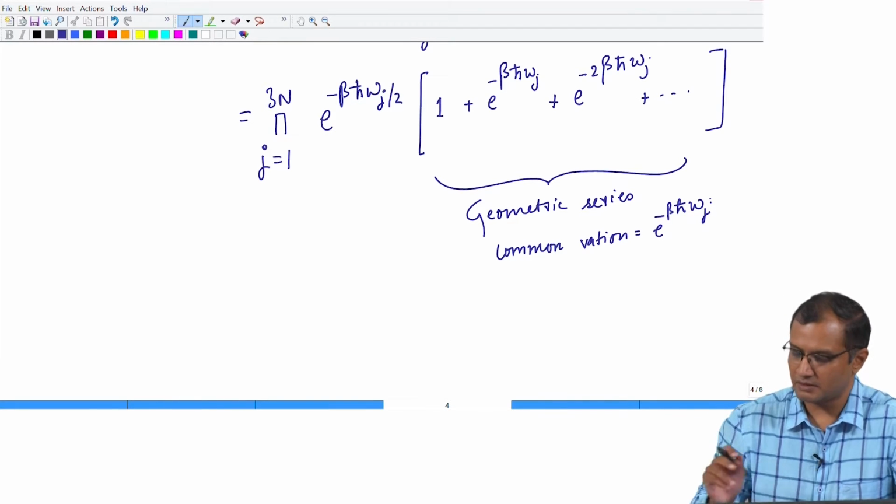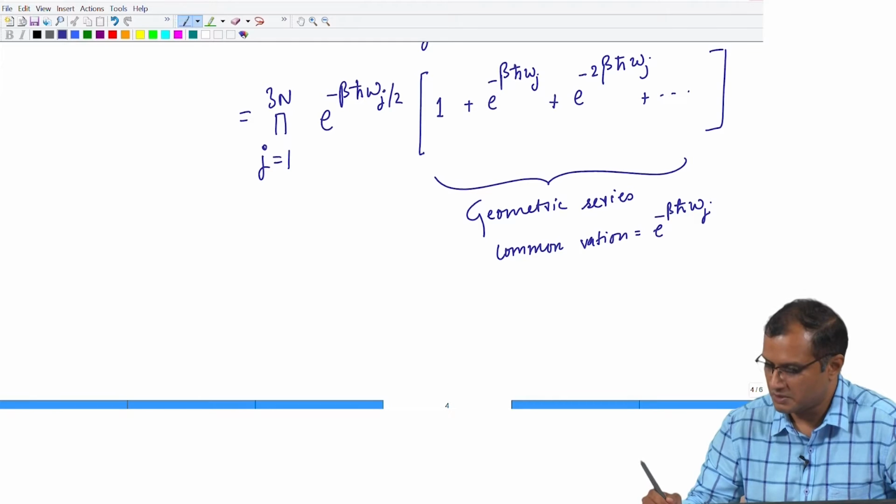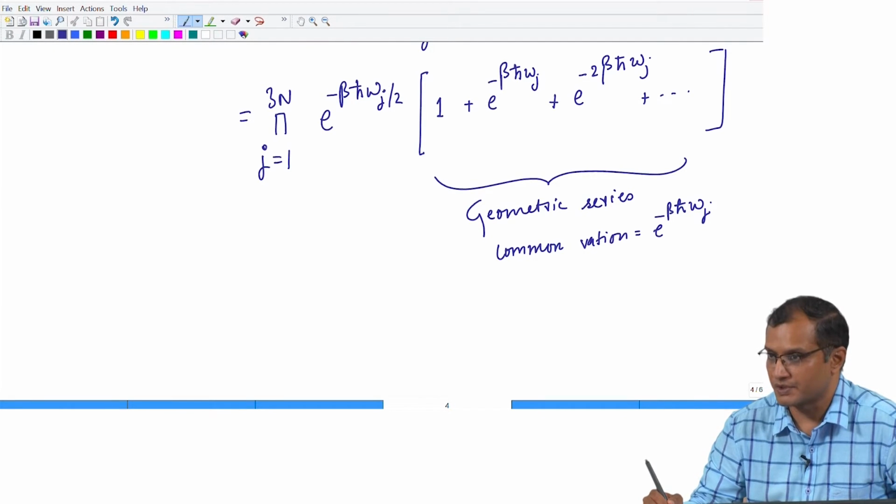And I know that as the summation goes towards larger and larger n, this common ratio will go to 0.